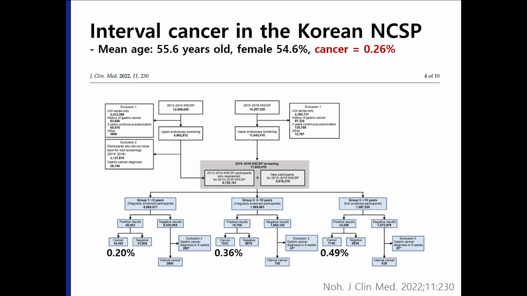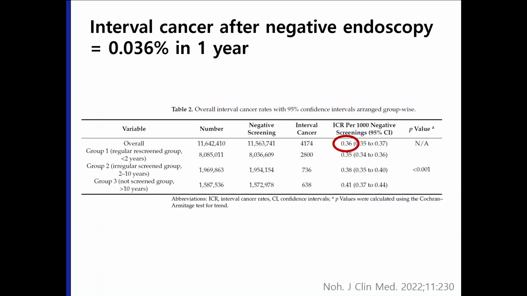In the Korean National Cancer Screening Program, the rate of gastric cancer is about 0.26%. In that program, the overall interval gastric cancer rate was 0.36 per 1,000 negative gastric endoscopies, 0.036%.